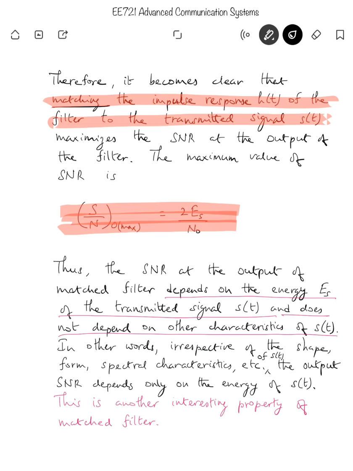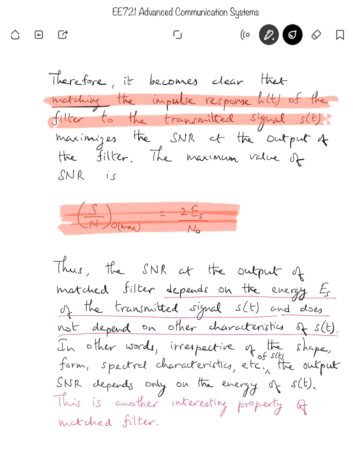Okay, it does not depend on other characteristics like the shape of the signal or the form of the signal or its spectral characteristics, right? You can have a rectangular signal with the energy Es, or you can have some other shape of the signal with the same energy Es. It wouldn't matter. The output of the matched filter would still have the same signal to noise ratio.